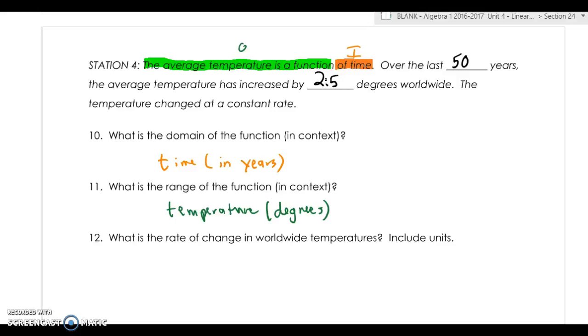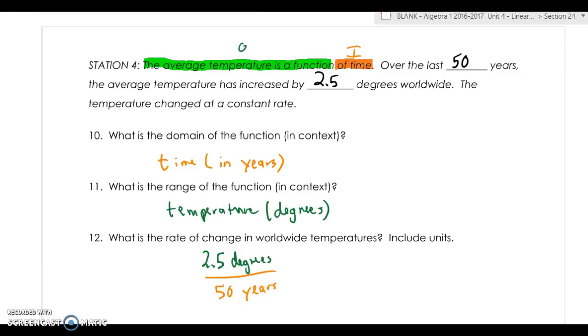So our rate of change is our output over the input, or the change in output over the change in input. The output's temperature, our change in the output was 2.5 degrees. And our change in time, in this case, was 50 years.